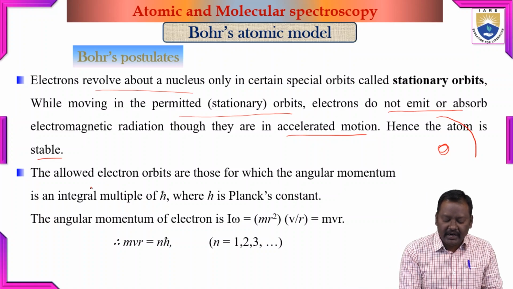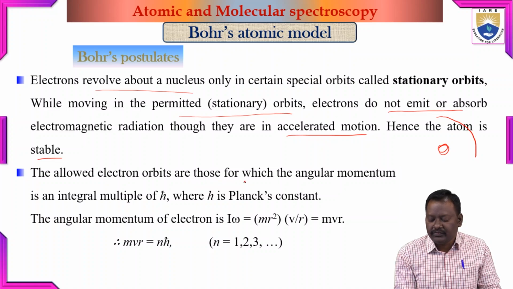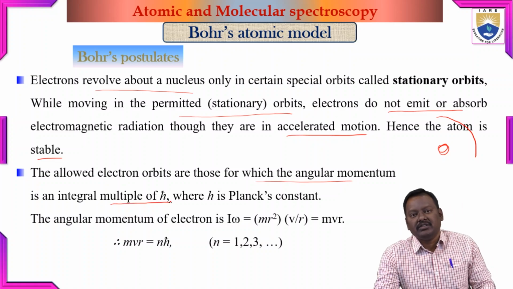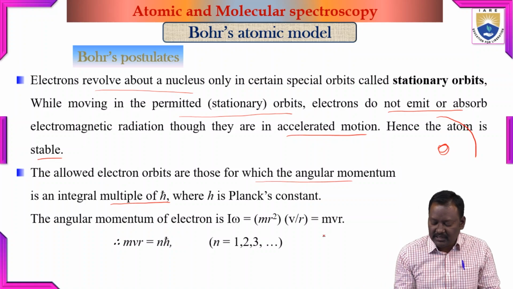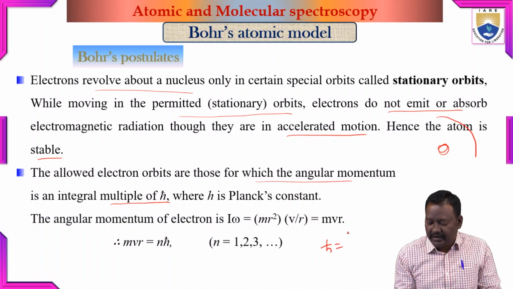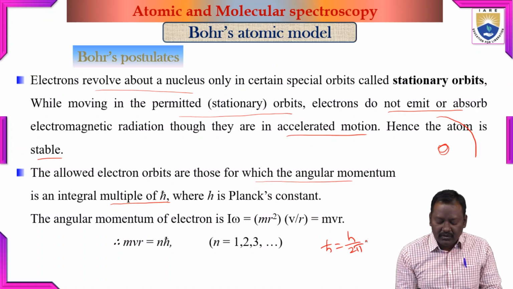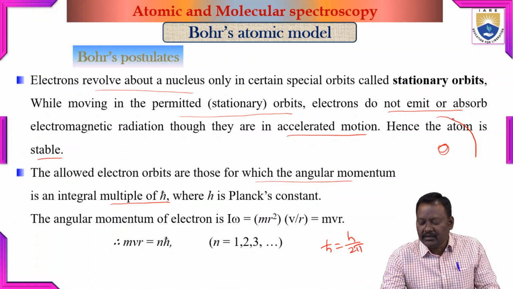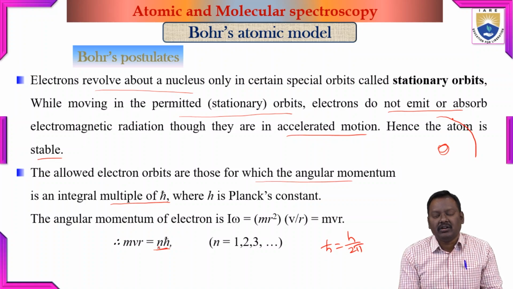And the second one is that the allowed electron orbits are those for which the angular momentum is an integral multiple of h cross, where h is the Planck's constant, and h cross means h by 2 pi. So the angular momentum of the electron moving in that permitted orbit must be equal to an integral multiple of h cross.